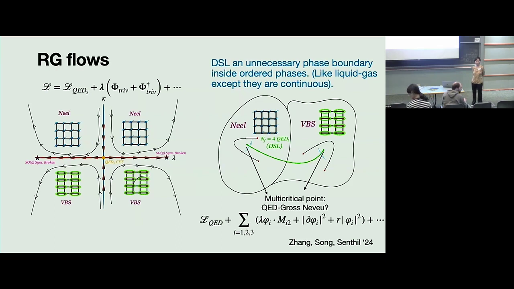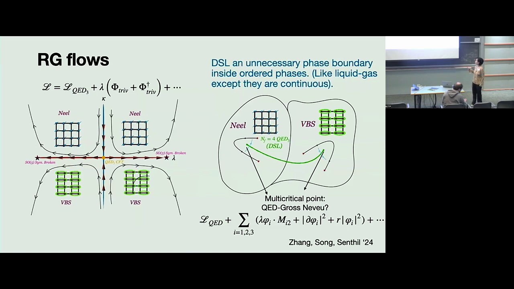Is there any way to distinguish which side of the Dirac spin liquid you are on when you are in the new phase? Say, is there any way to distinguish whether lambda is greater than 0 or smaller than 0? If you are tuning within the new phase, how do you know that you have already crossed the critical point numerically?